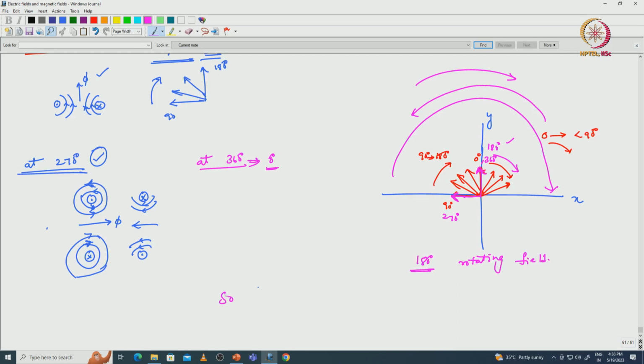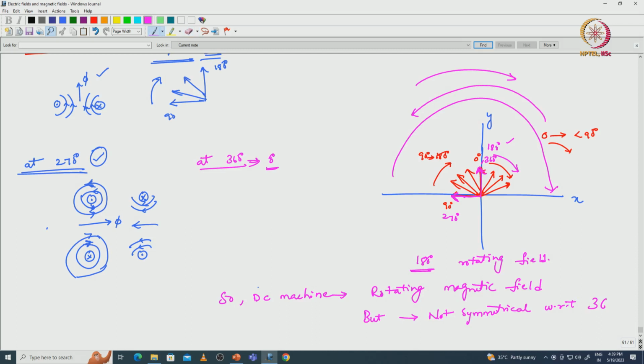So the final conclusion: in a DC machine also we are seeing a rotating magnetic field. But it is not symmetrical with respect to 360 degree rotation.